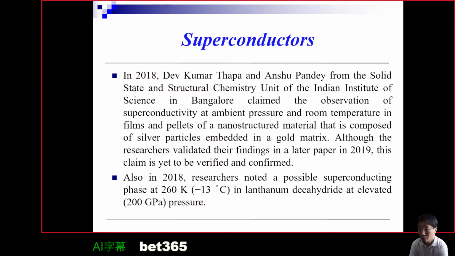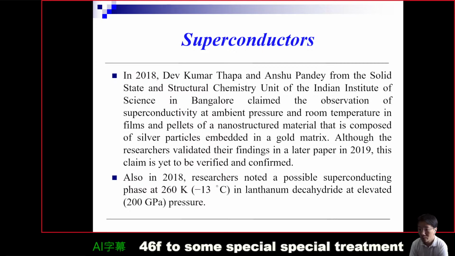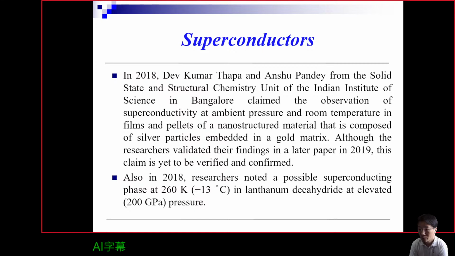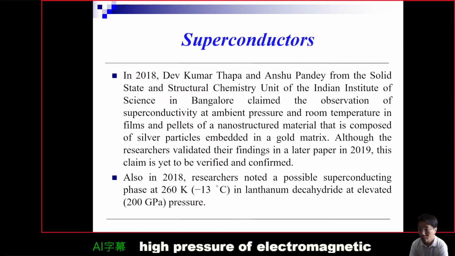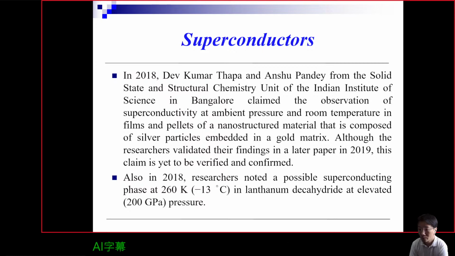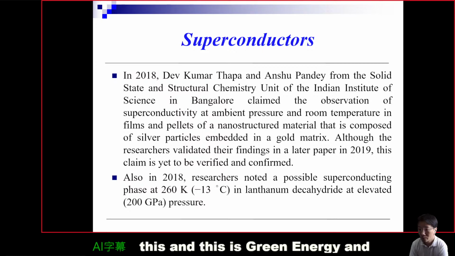And if they don't need some special treatment, for example, high pressure, or they only operate in a very low magnetic field, and so on, then this kind of superconductor may win the Nobel Prize, because that will give a huge contribution to power delivery, reduce the energy dissipated, and help the green energy industry.